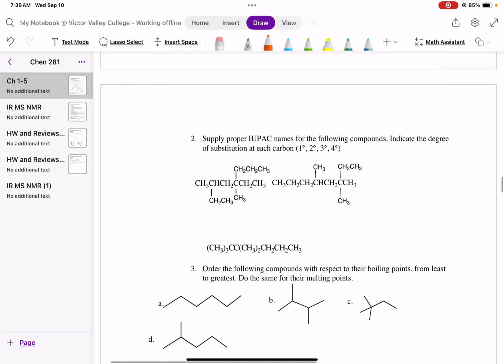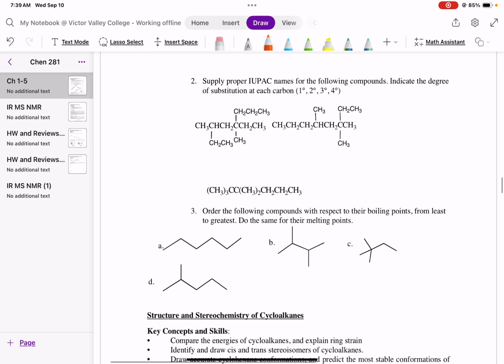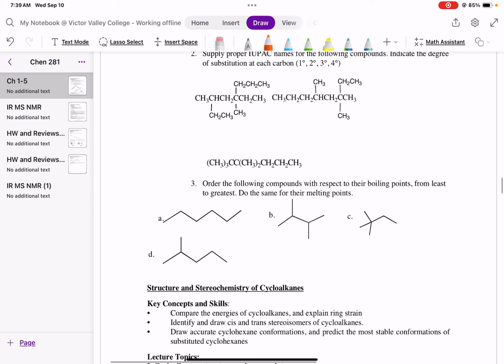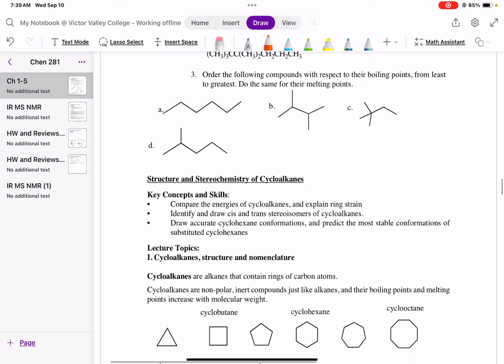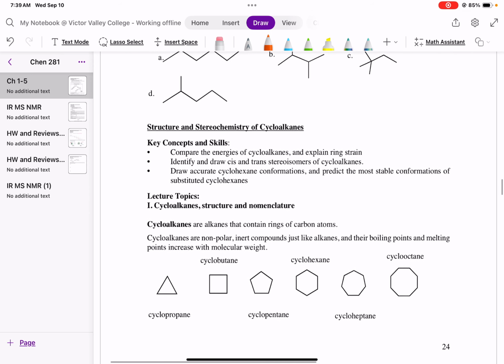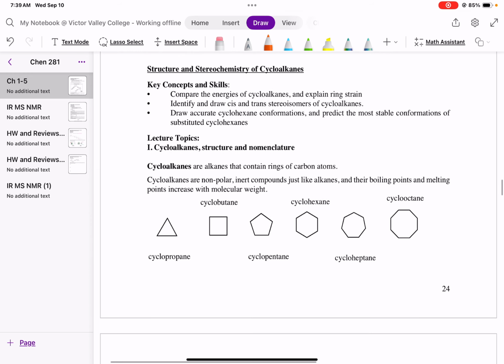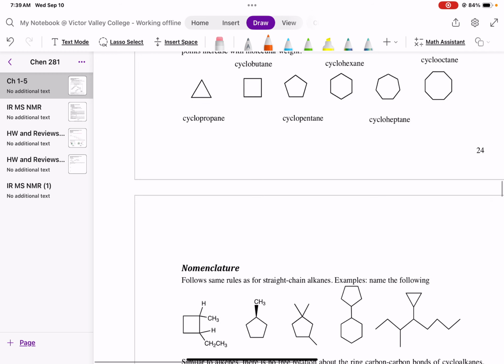All right. A couple for you guys to practice here, and then next one we'll do the cycloalkane, which is very simple actually. Instead of straight chains, we circle them up and connect them and make this cyclic structure, and that's called cycloalkane.